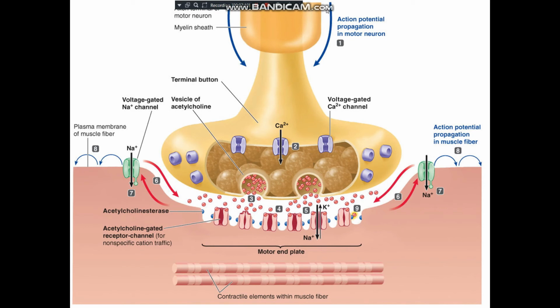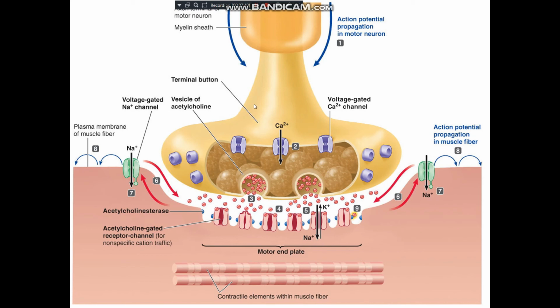The action potential is propagated along the motor neuron, carrying the information, and that comes to the terminal button. This is the terminal vesicle or terminal button. Here an action potential is generated because there are sodium gates as well as calcium channels which you can see.